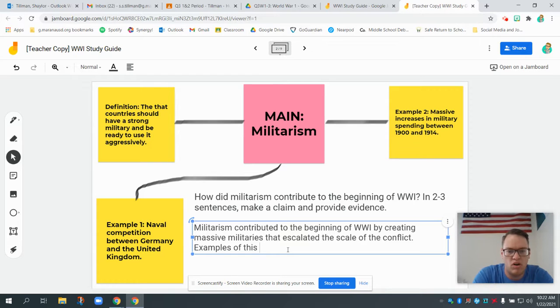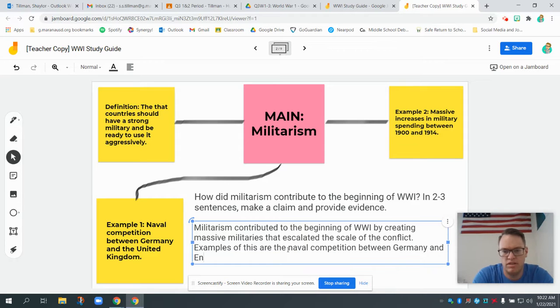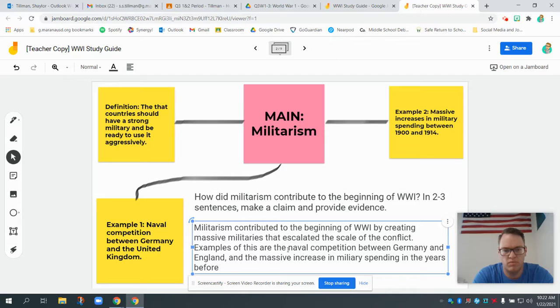Examples of this are naval competition between Germany and England, and a massive increase in military spending in the years before World War One.